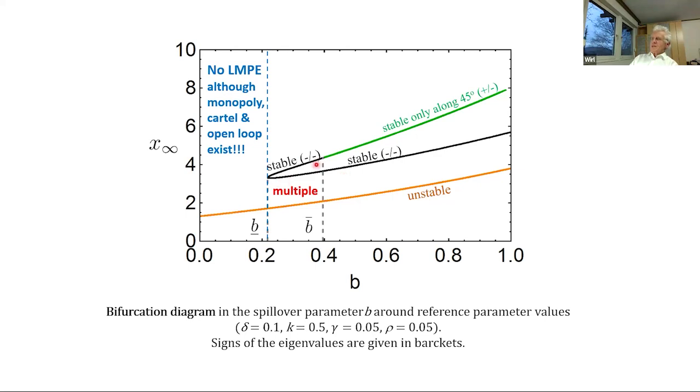If the spillover gets sufficiently large, this additional LMPE, linear Markov perfect equilibrium, loses its stability, or more precisely, the stability is restricted to the 45 degree line, to the symmetric solution. And this brings me back to the chart from before.